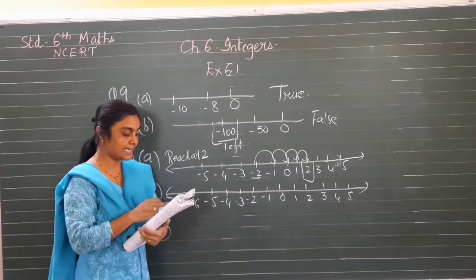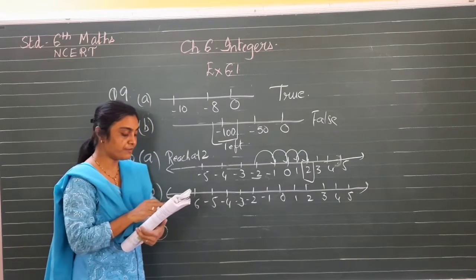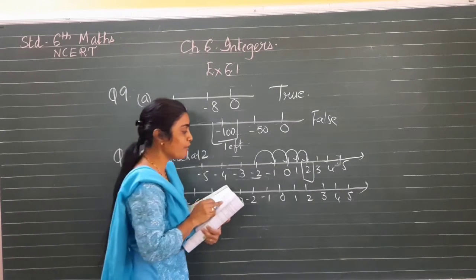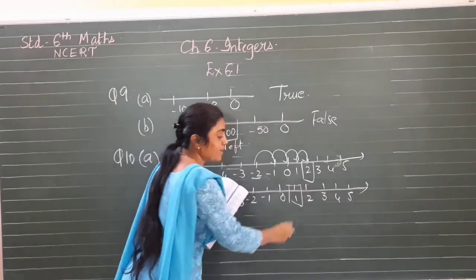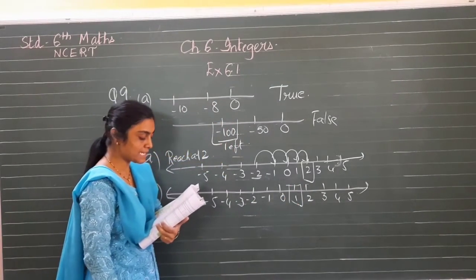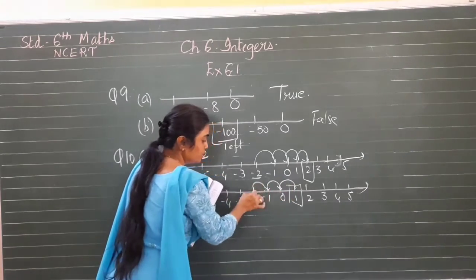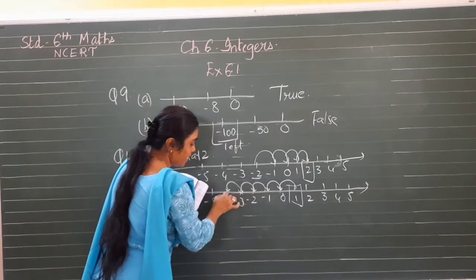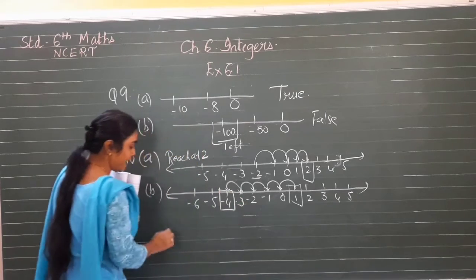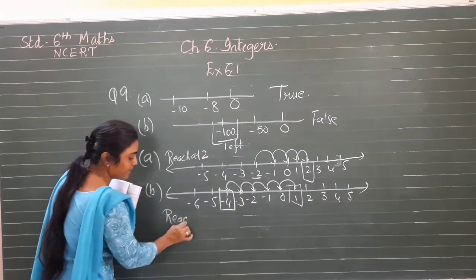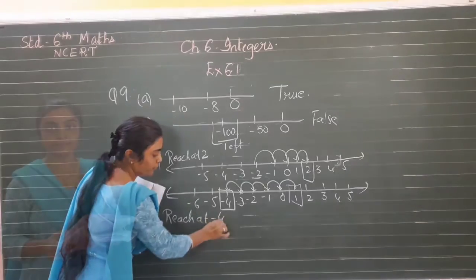This is our 1 and we have to move towards the left side 5 steps: 1, 2, 3, 4, 5. So we will reach minus 4. So the answer will be minus 4.